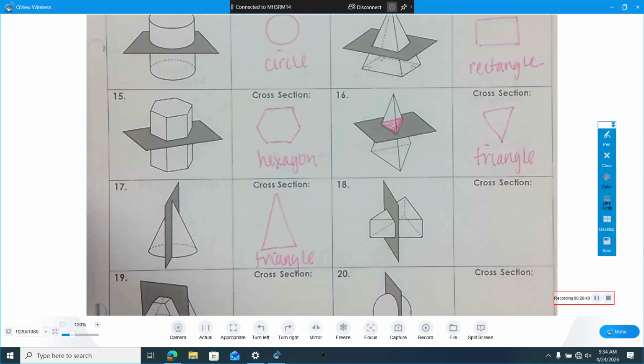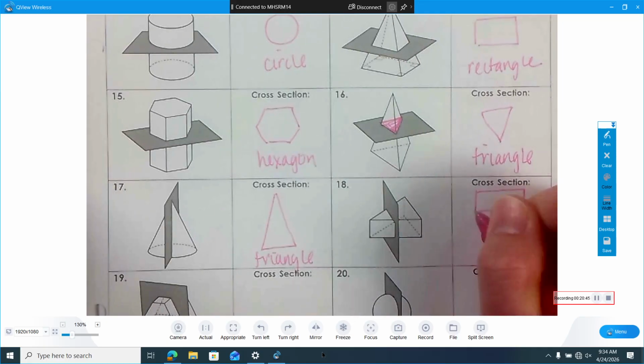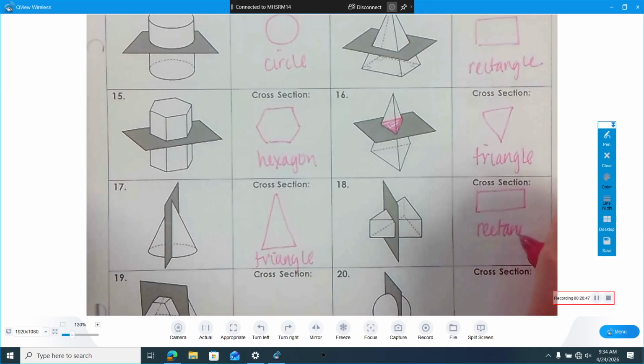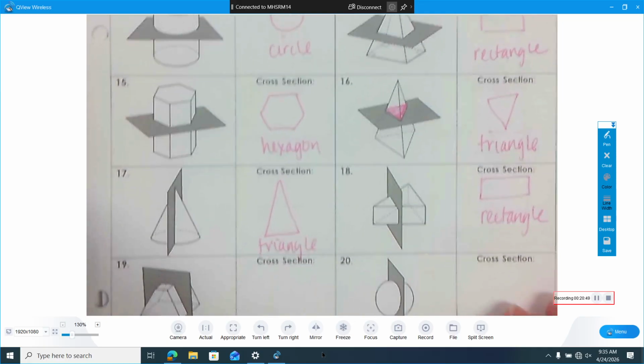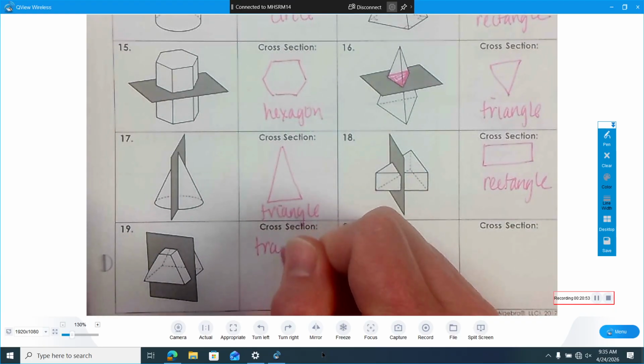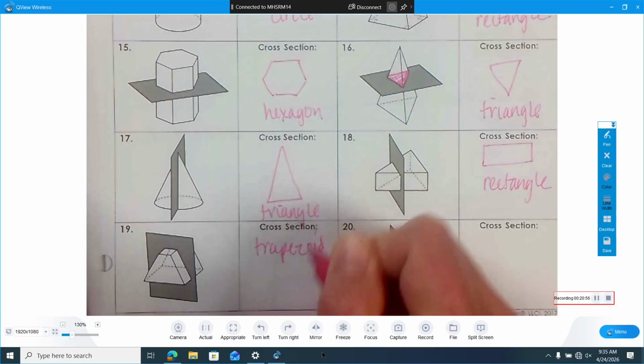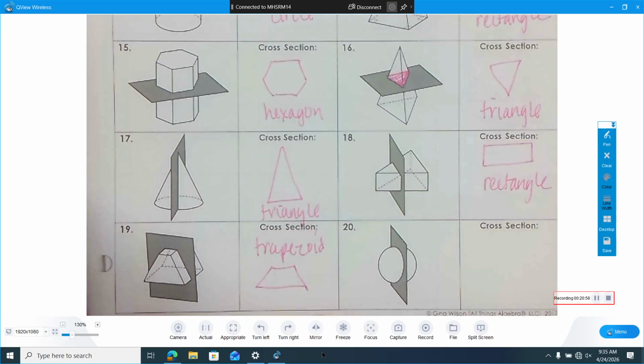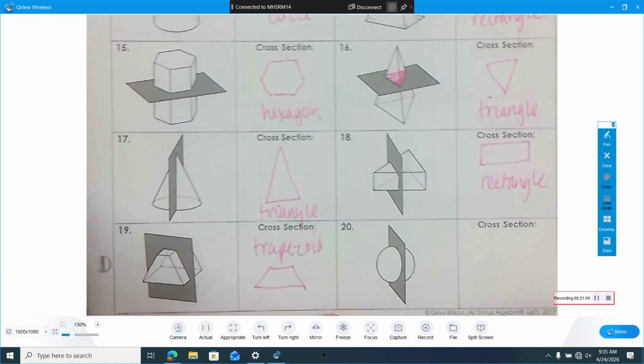We sliced that vertically. What shape are you going to see? A rectangle. Yeah, it's a rectangle. What about 19? What shape are we seeing with that? A trapezoid. And I could draw a little trapezoid there. What about number 20? Circle.